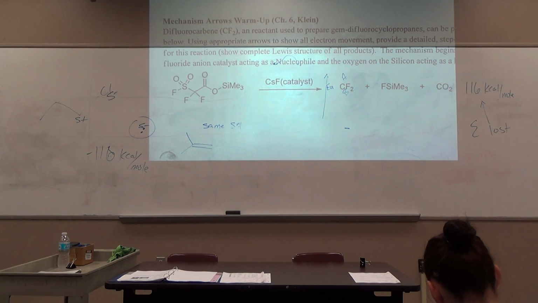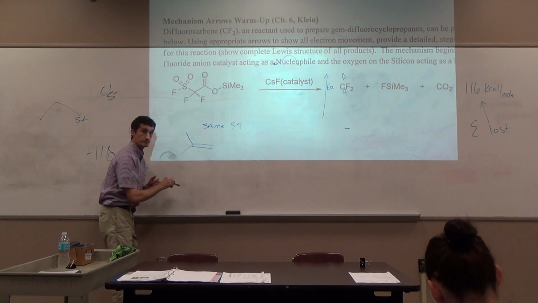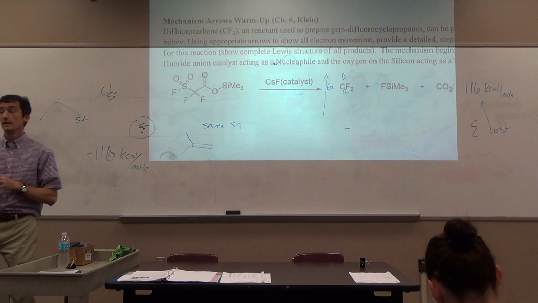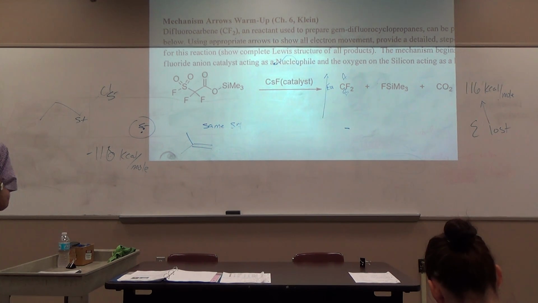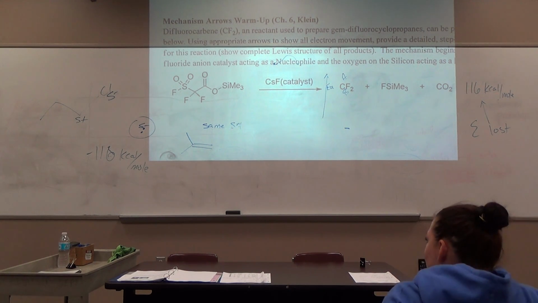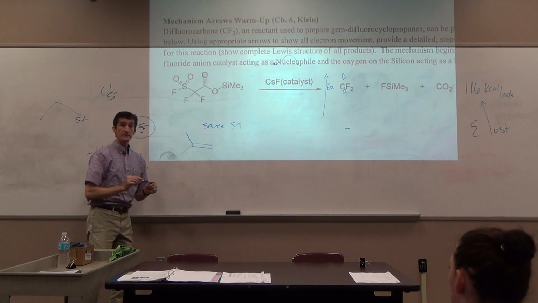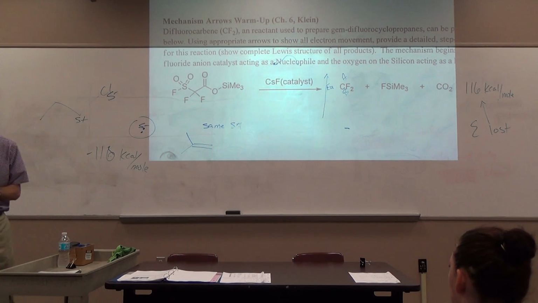Every time I use a mechanism arrow, I will begin by saying what? No, that's what I'll ask you after you don't get it right. I will start by saying these electrons. These electrons will do something. I will never say this atom will do something. These electrons.